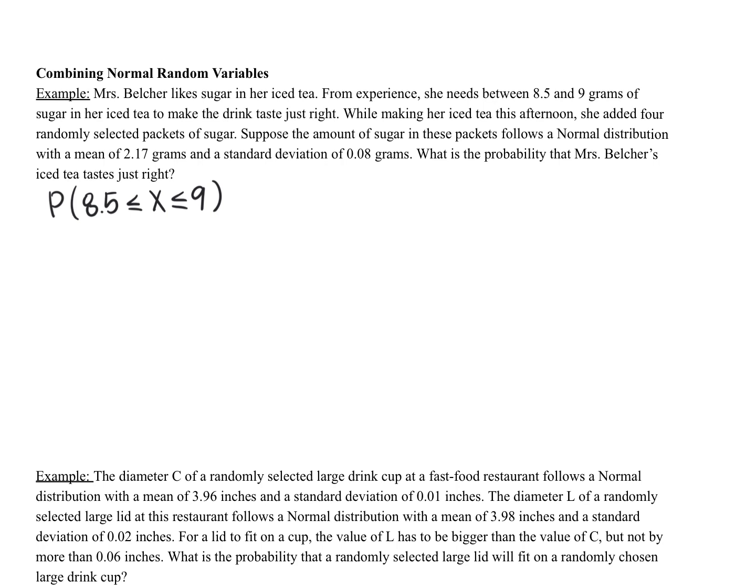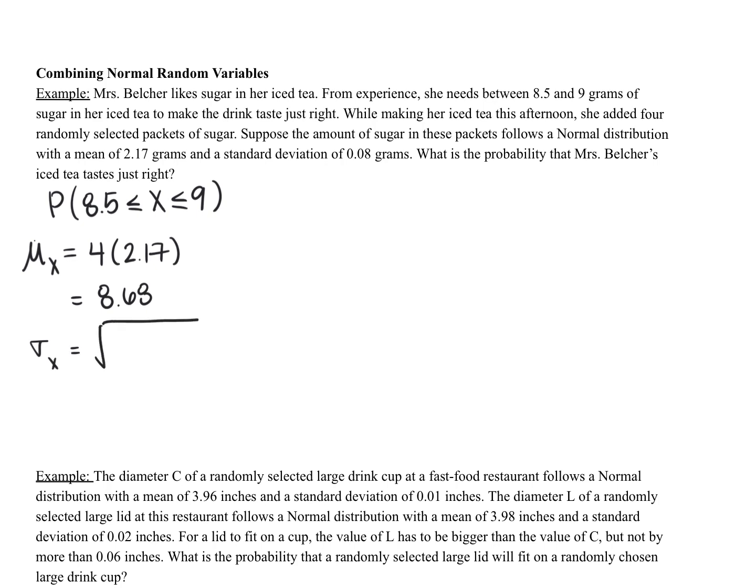So we need to figure out our mean and standard deviation for 4 packets of sugar. So our mean for 4 packets of sugar, we can just do 4 times 2.17. That one's pretty straightforward. And we're going to get 8.68.